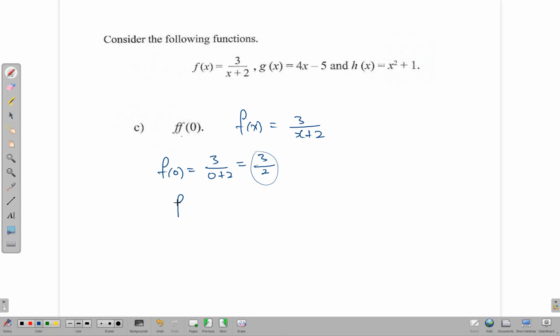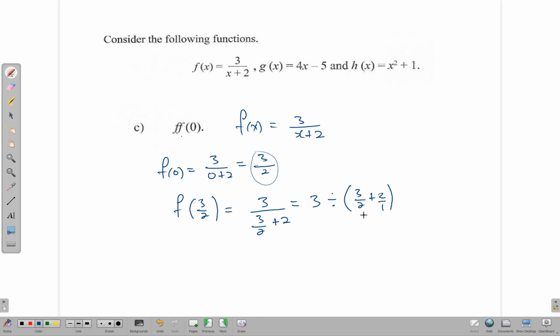So now we're going to find f of 3 over 2, which means we're going to find 3 divided by 3 over 2 plus 2, which means 3 divided by 3 over 2 plus 2 over 1.